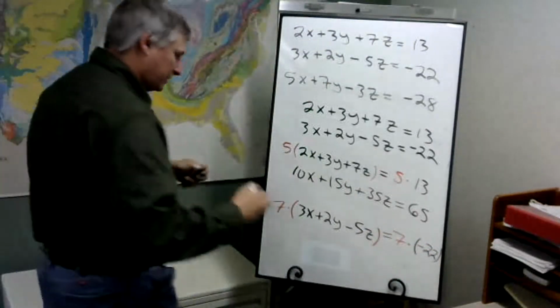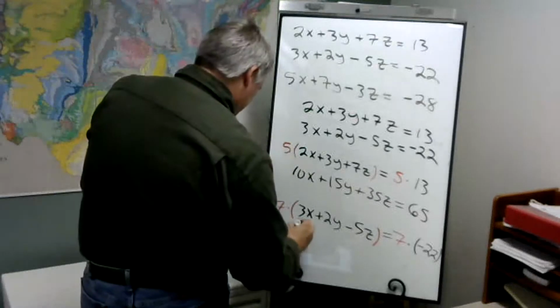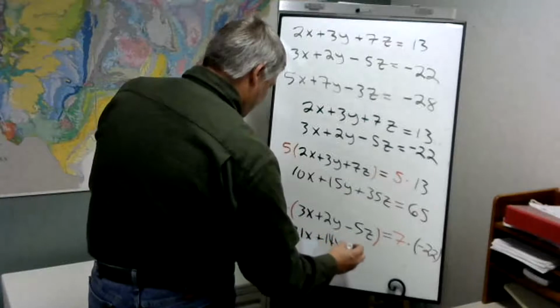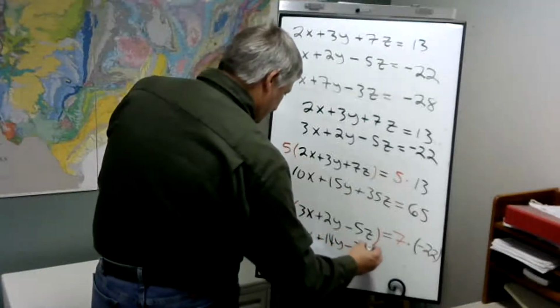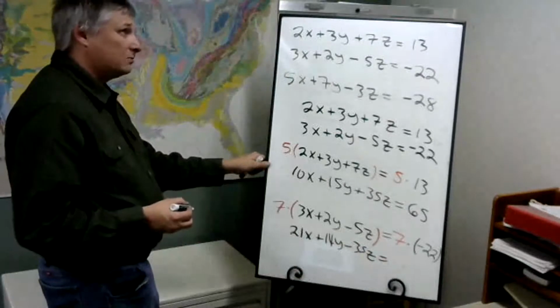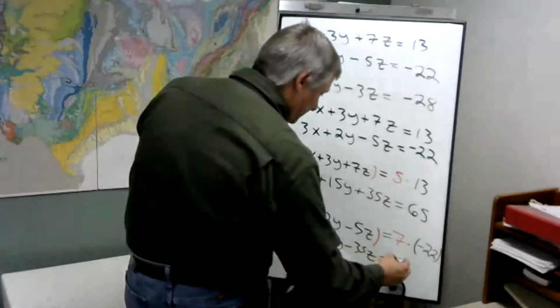And multiplying through, we'll get 21x plus 14y minus 35z. So it'd be 140, negative 154.